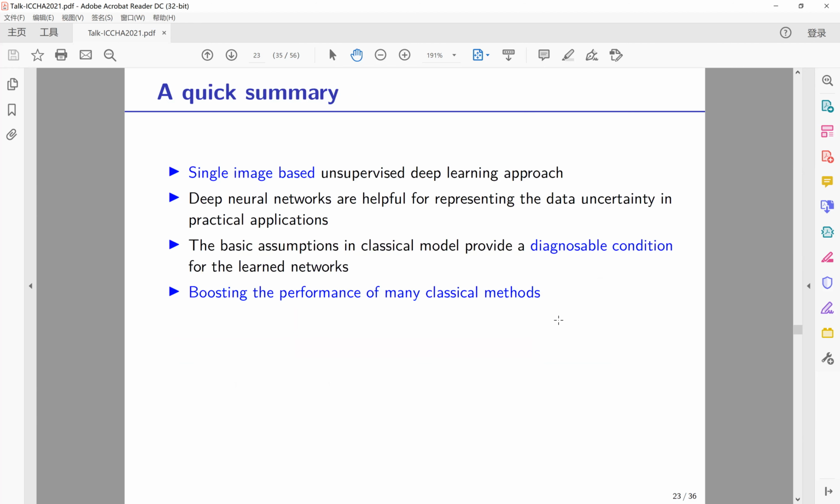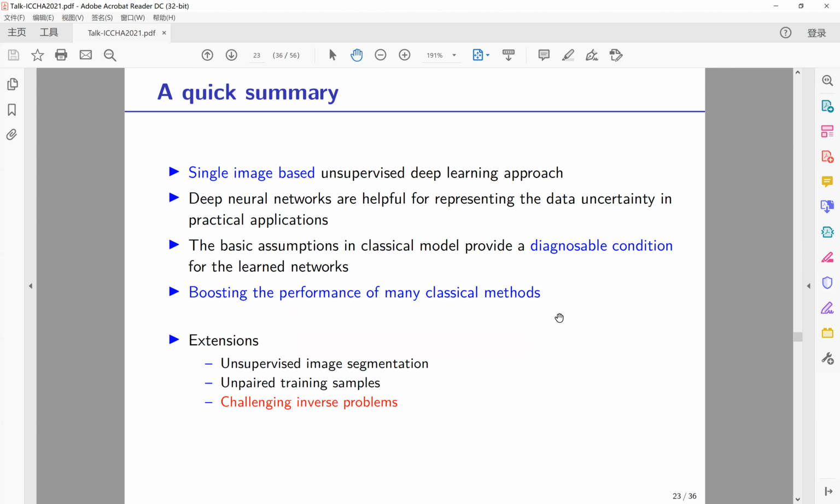Okay, so here, let's do a quick summary. In this work, we have applied these ideas to image denoising. Actually, we can extend this idea to some other cases. One is image segmentation, and we can do some unpaired training samples. So this is a natural extension.